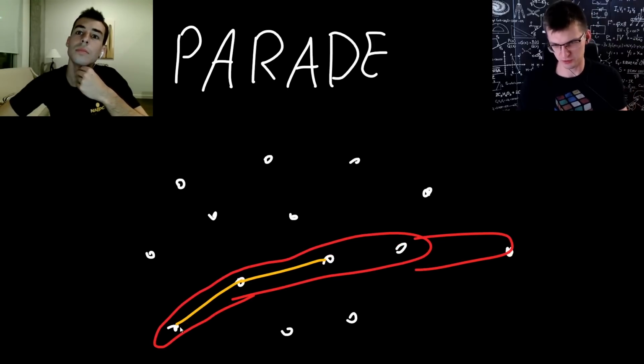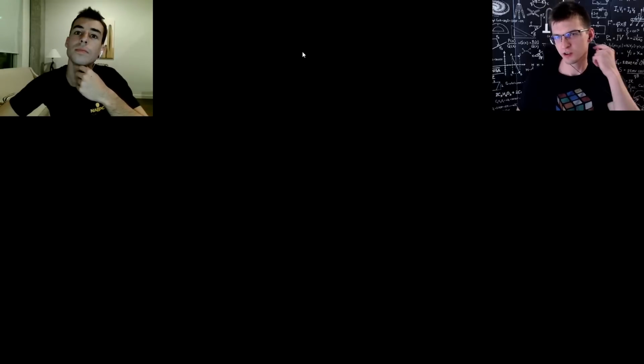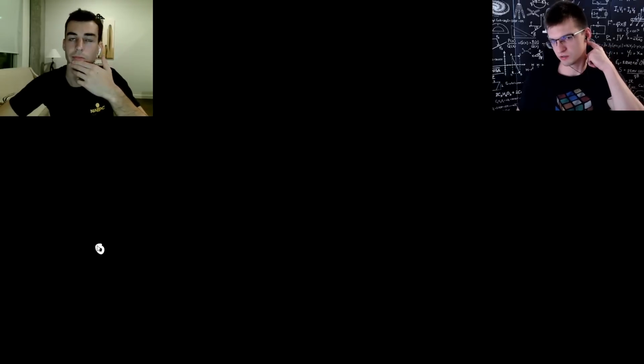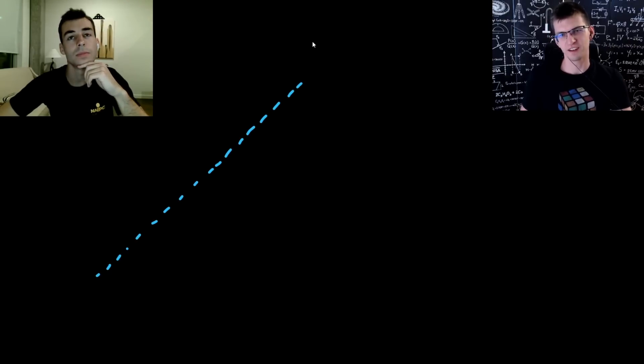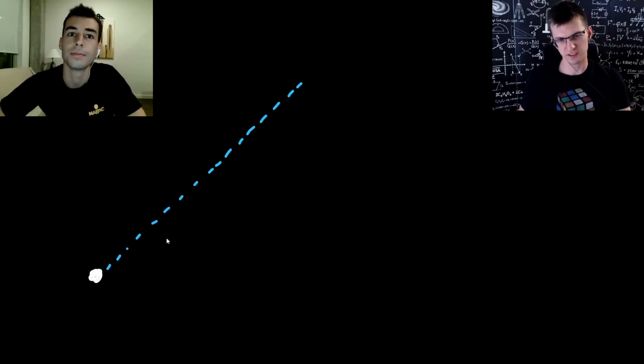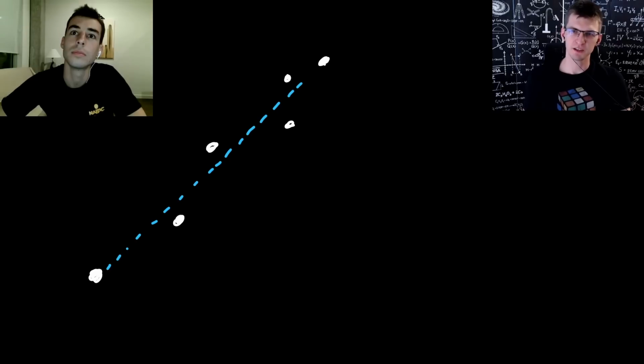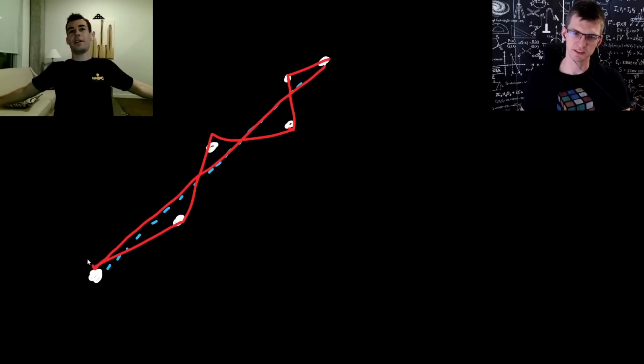I will try to show you something where... What about this? I will first draw a line. And now what if points are like this? I claim that if you start connecting like that and then get back to the first vertex, that's bad.